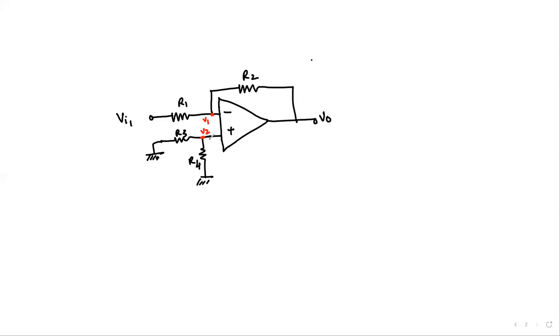At V1, we can write the expression like this: VO1 would simply be, since it's an inverting amplifier, minus R2 over R1 times VI1.